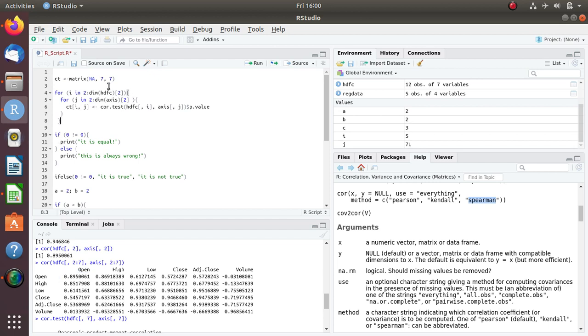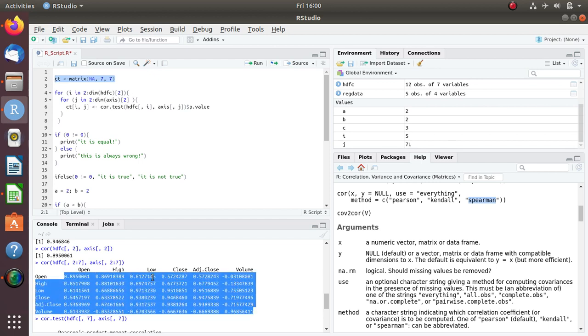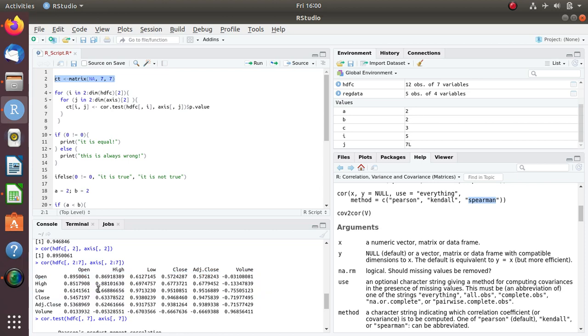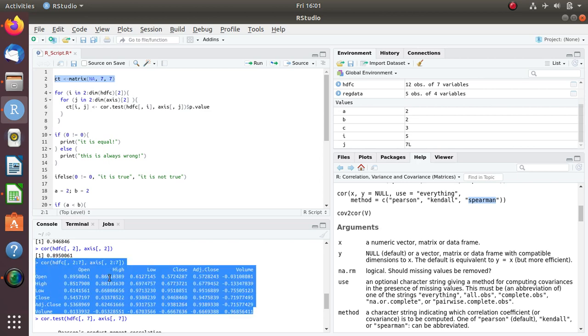For that we need to perform two different steps. Here we have a matrix of 6 by 6, which means 36 elements in this matrix. This is a correlation matrix. In statistics, we refer to this as a correlation matrix.